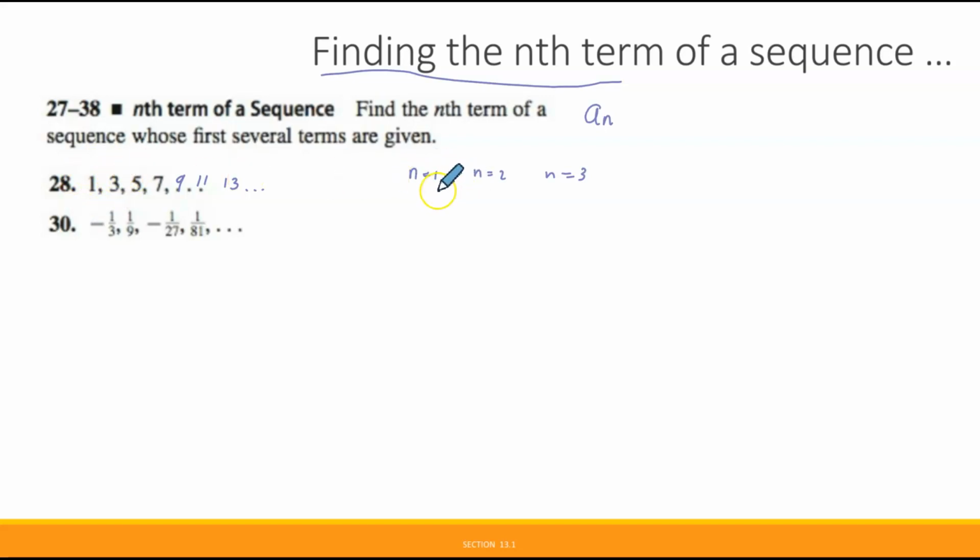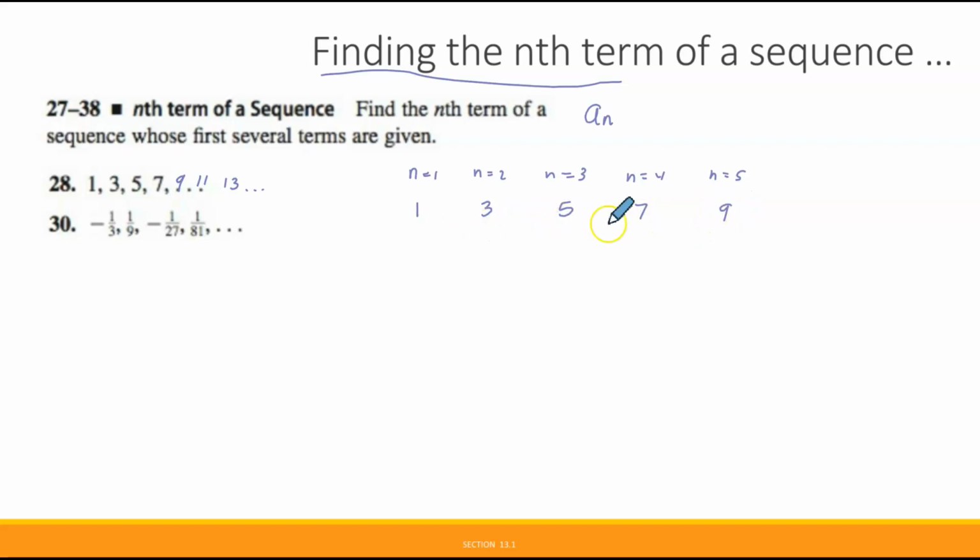If n equals 1, I need this to be 1. n equals 2, we need this to be 3. n equals 3, we need this to be 5. n equals 4, this needs to be 7. n equals 5, this needs to be 9.